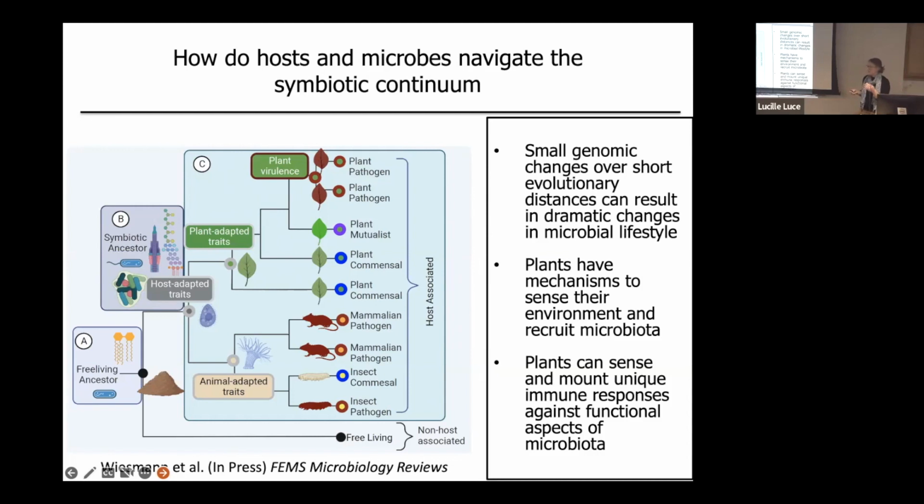To do that, plants can potentially sense toxins or damage-causing molecules, and then hopefully mount an immune response specifically to target those. I think a really open question there is, can they actually target their immune response to just the cells where those pathogens would be and causing damage?